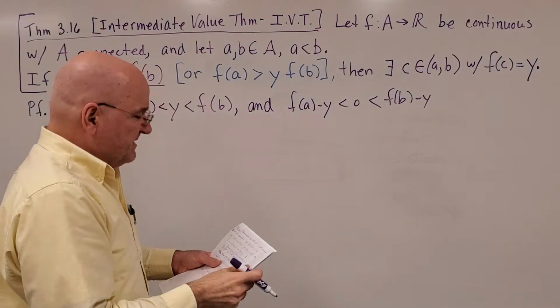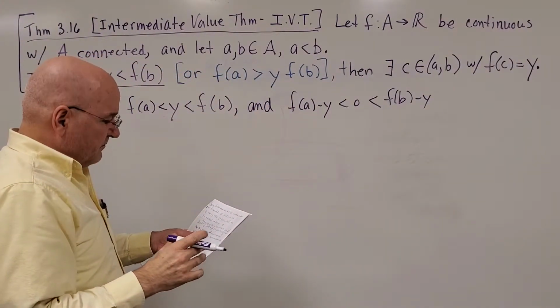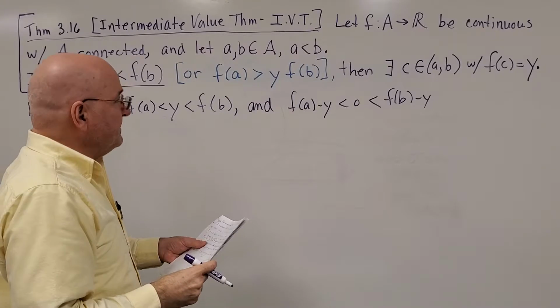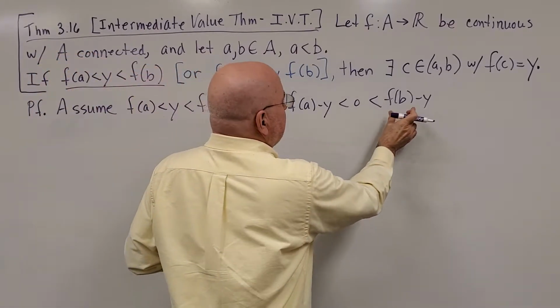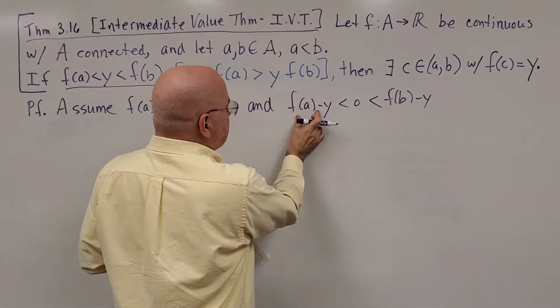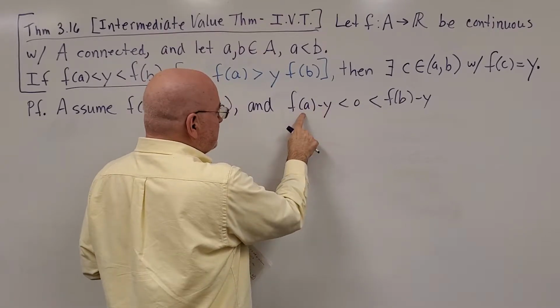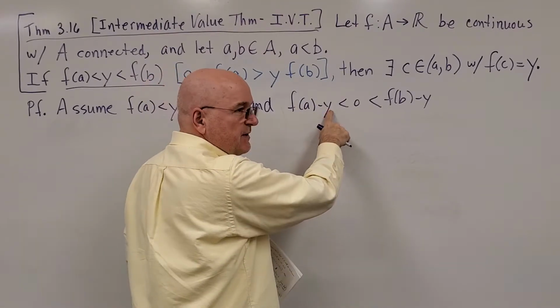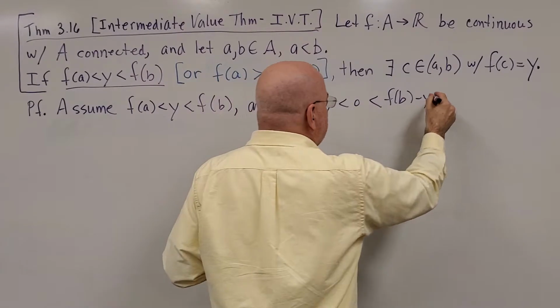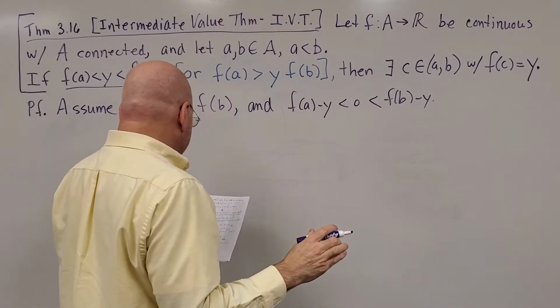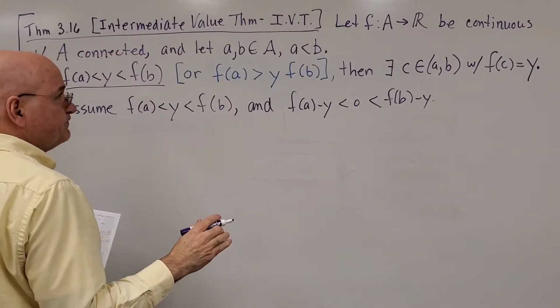And if you'll notice, this new function, which I haven't actually defined yet, is a continuous function because it's a continuous function minus a number, which is also a continuous function. So now let's define what I'll call g of x.